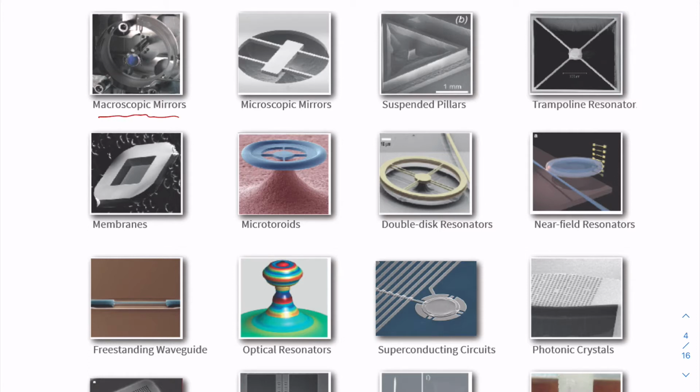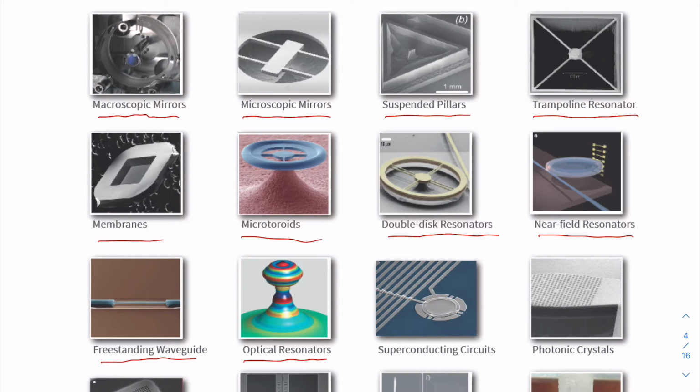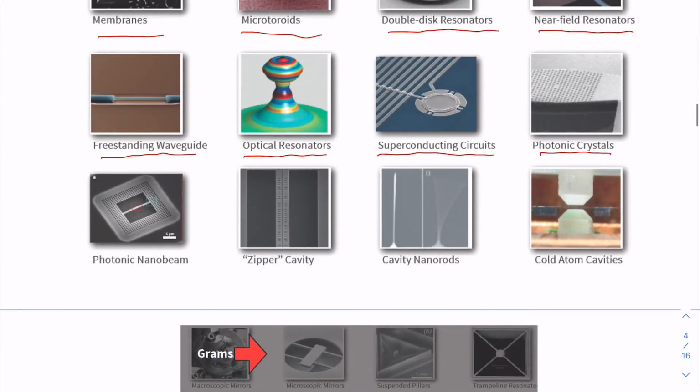For example, we have macroscopic mirrors, microscopic mirrors, suspended pillars, trampoline resonators, membranes, microtoroids, double-disk resonators, near-field resonators, freestanding waveguides, optical resonators, even superconducting circuits. This is also basically a mechanical oscillator, and it can also be used in an optomechanical setup. Then you have photonic crystals, photonic nanobeams, zipper cavities, cavity nanorods, and cold atom cavities.